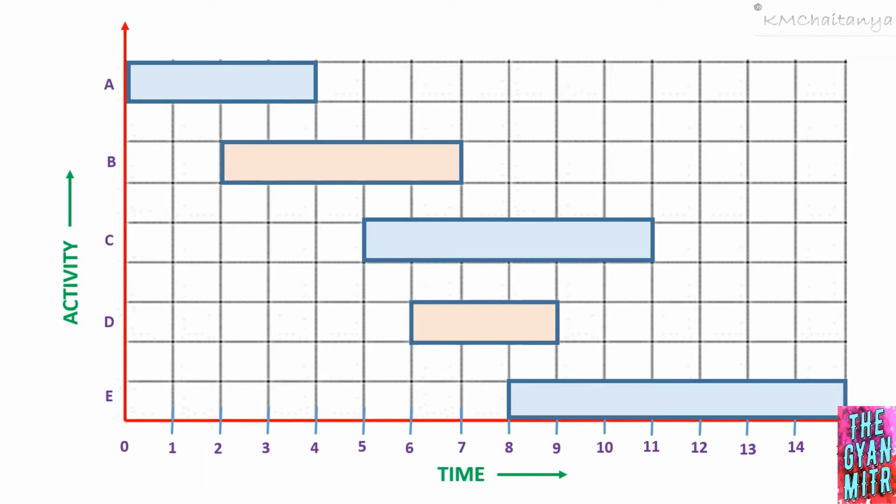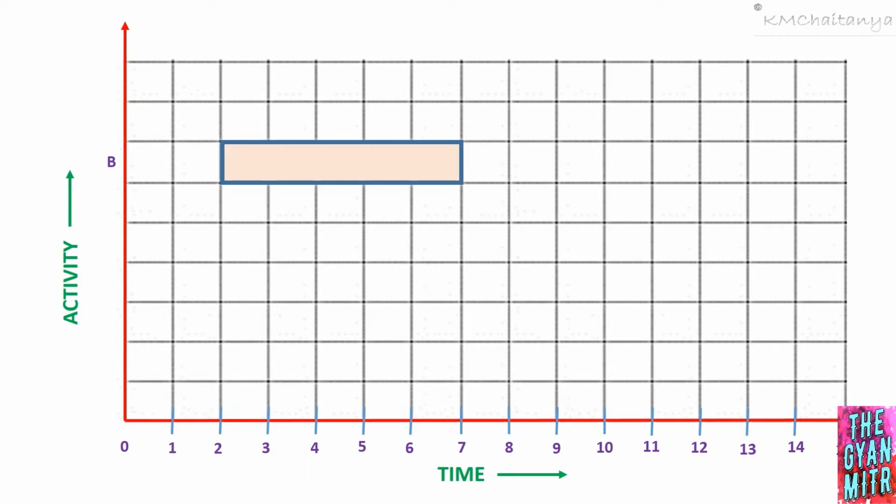Now let us consider any one of the activities and see how the start date, end date and the duration of the activity can be calculated. Now we will consider only activity B. Now the start of the activity represents the beginning of the activity.